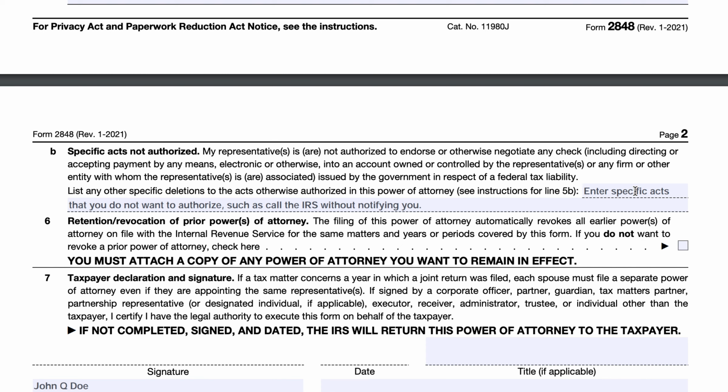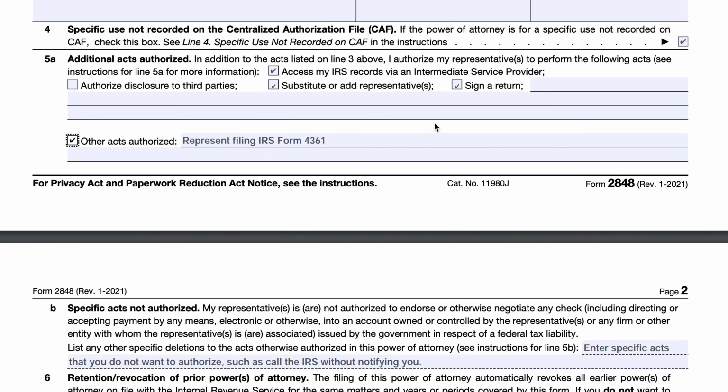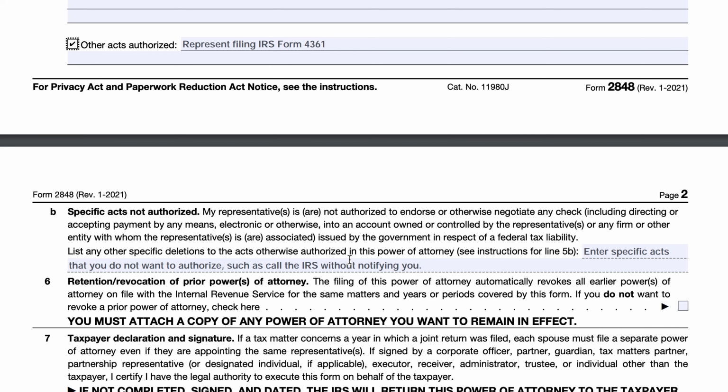This includes accepting or directing payment, electronic payment into an account that they own or their firm owns or has any affiliation with. So they cannot do that for you, even if you write that down in line 5A and don't preclude it in line 5B.